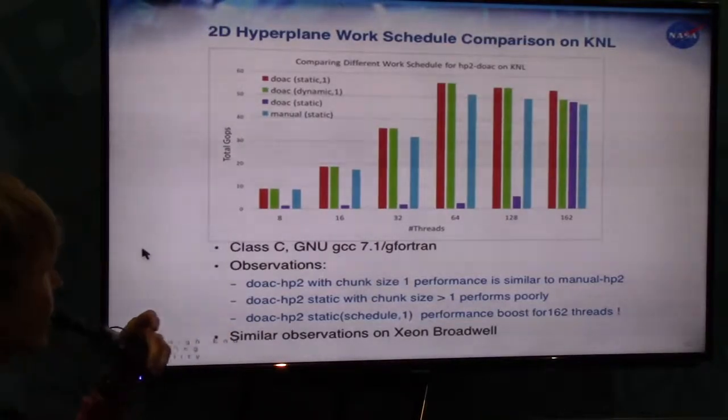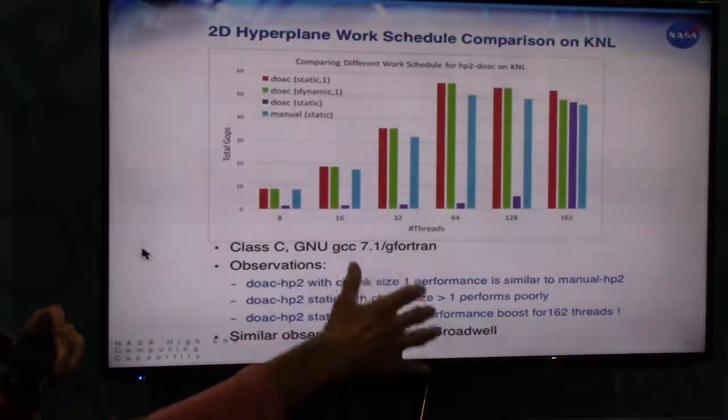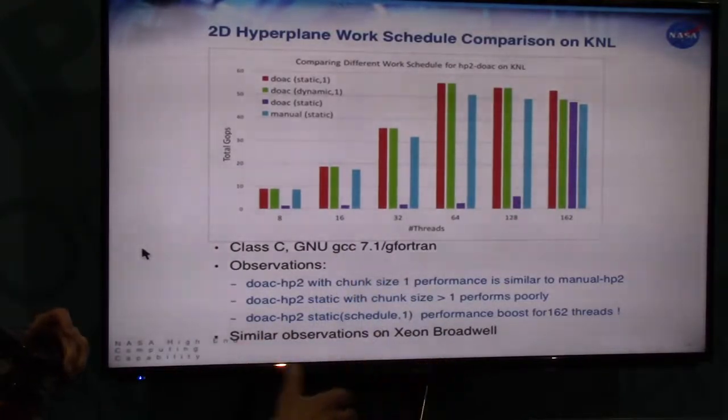Now the other thing, I've mentioned the work scheduling, and that it was essential for Doacross hyperplane to use a chunk size of 1. So I want to show some data for this. This shows the data on KNL, because I can use more threads there.